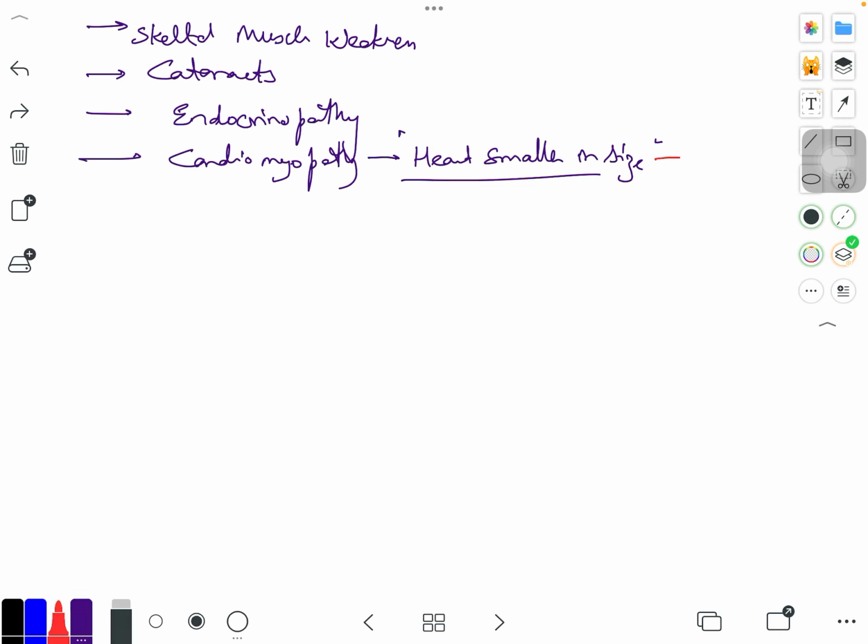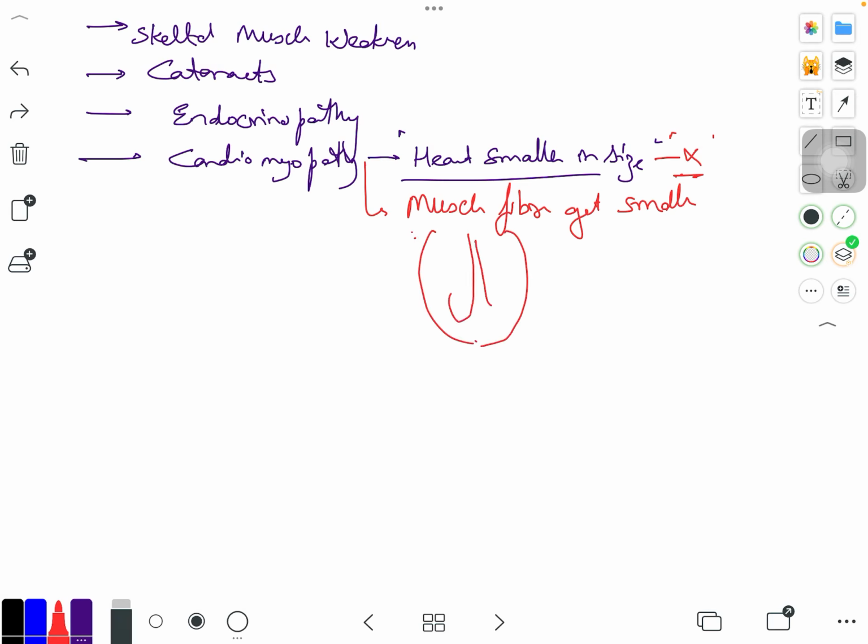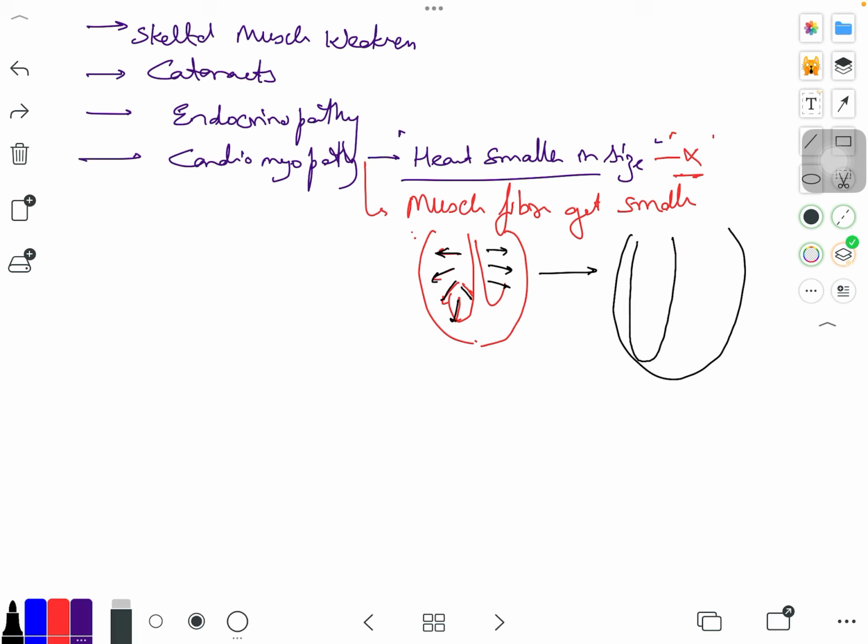This usually isn't visible on X-ray. Because the muscle fibers get smaller, and because of internal pressure from the ventricle, which is pushed outside, all this pressure will push the muscle fibers outward, leading to enlargement of the chamber and ultimately a thin-walled heart.